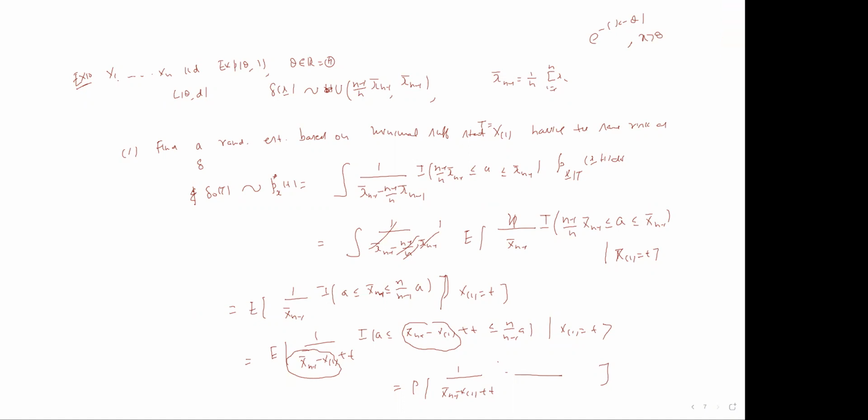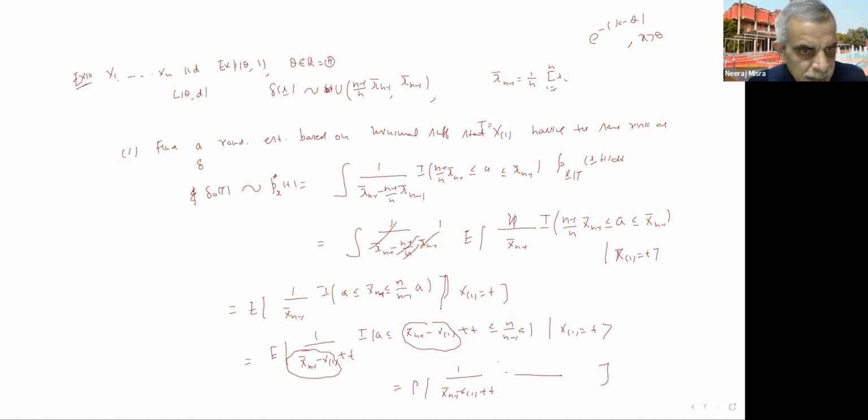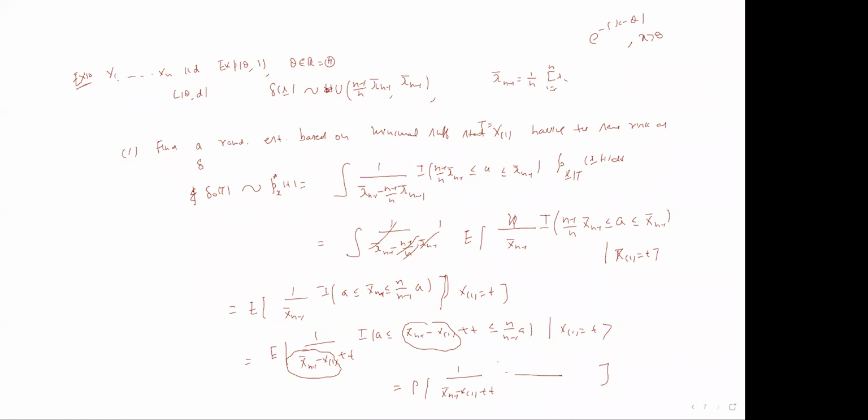Yes, sir. Assignment 4, assignment 5. Let me see. Which problem is this? Yeah, I've written it out. So that is okay. So uniform x bar n minus 1 minus x bar n minus 1.